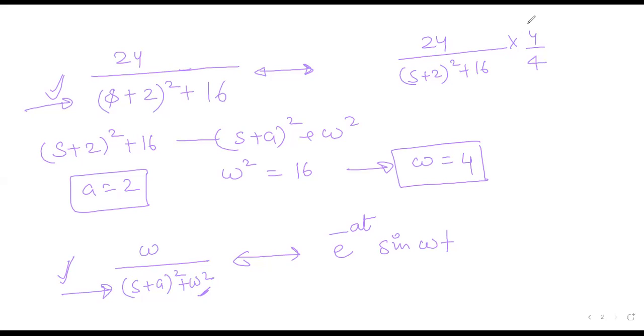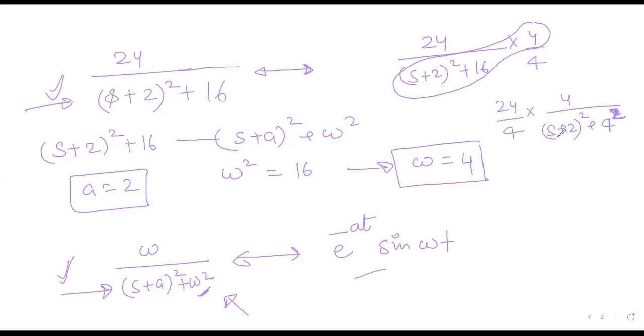Now what do you see? This whole term is nothing but this. You can write it like this also: 4 upon (s plus 2) whole square plus omega square, sorry, 16, or 4 square.